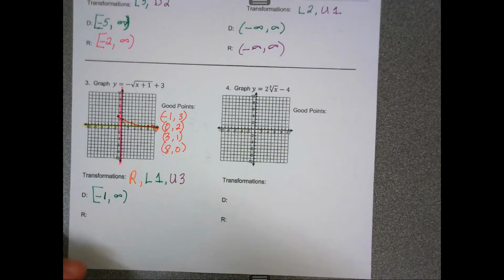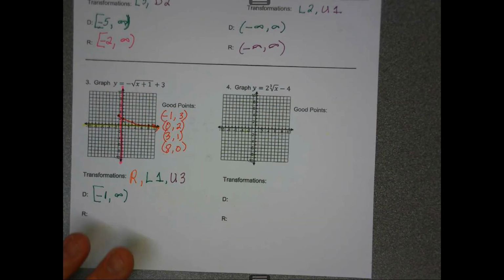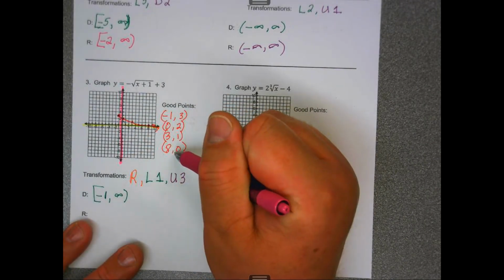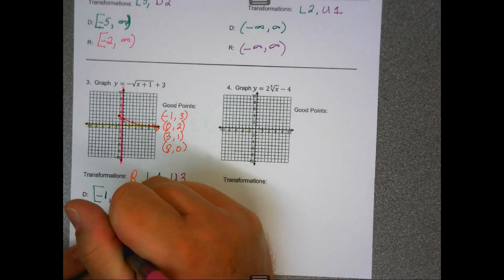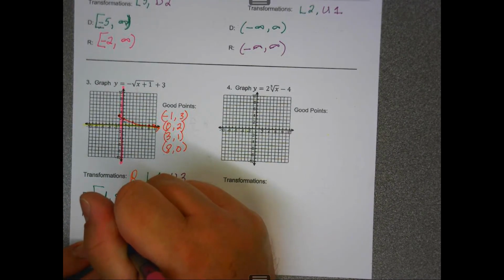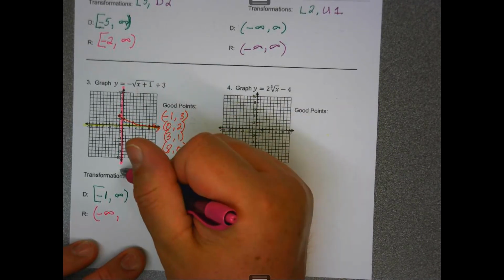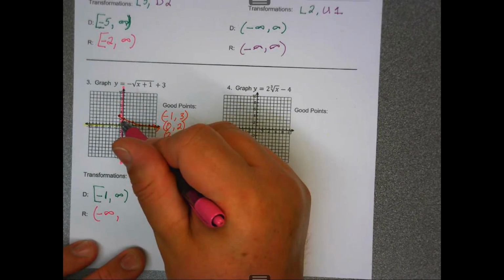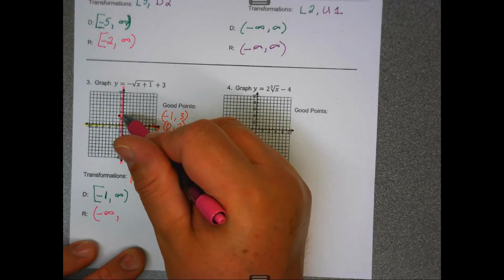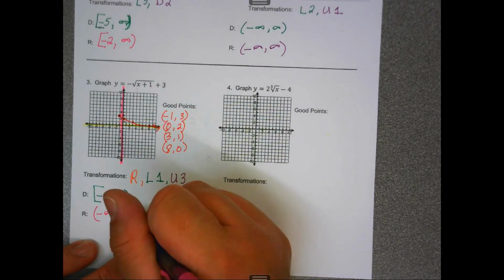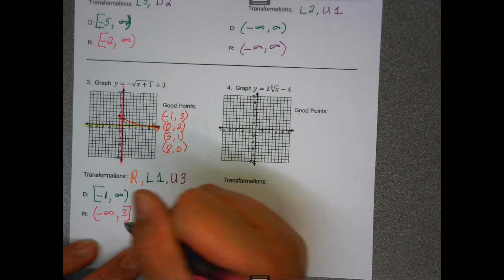So the smallest number for my y, since this is going to go down, down, down, is -infinity. Okay, and then it's going to stop when the y value here is 3 and includes that 3.